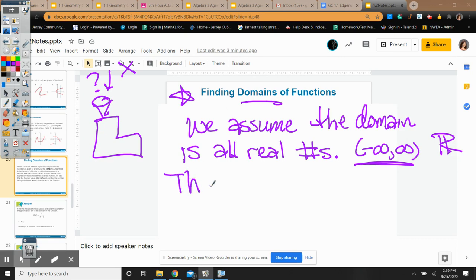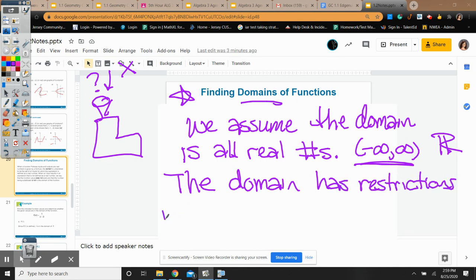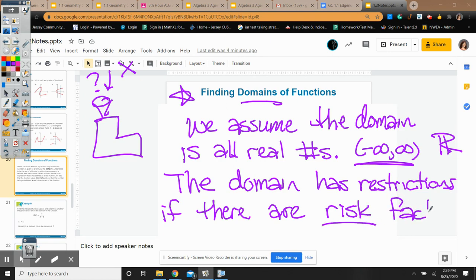The only time it's not is when there's restrictions. The domain has restrictions if there are what I call risk factors. Okay, so what are these risk factors? You will know this by the end of the year. There are really just two risk factors that you need to know about.